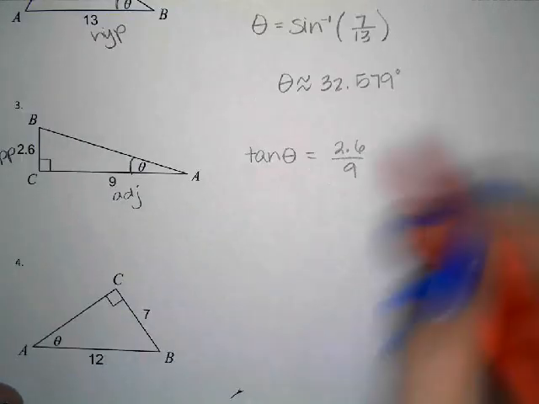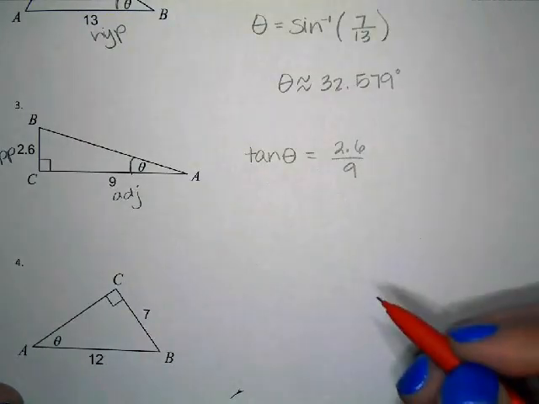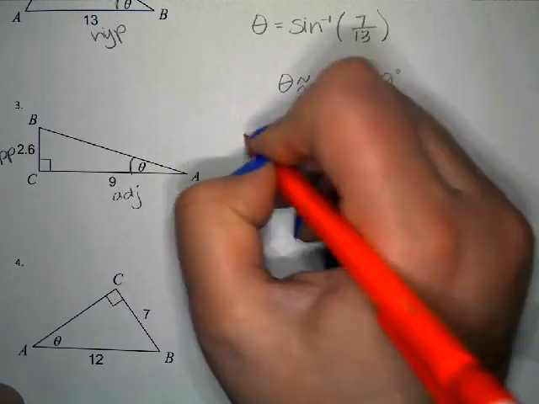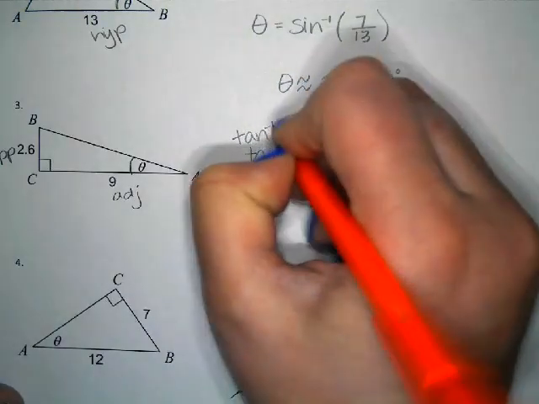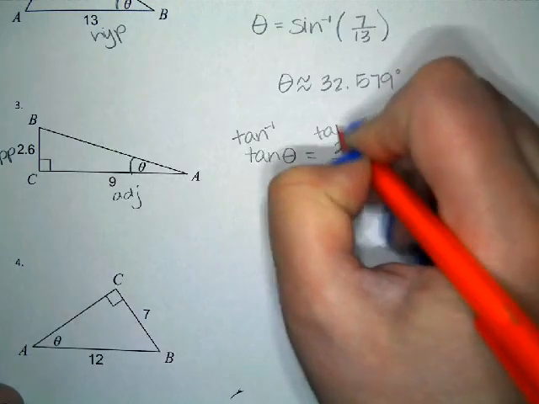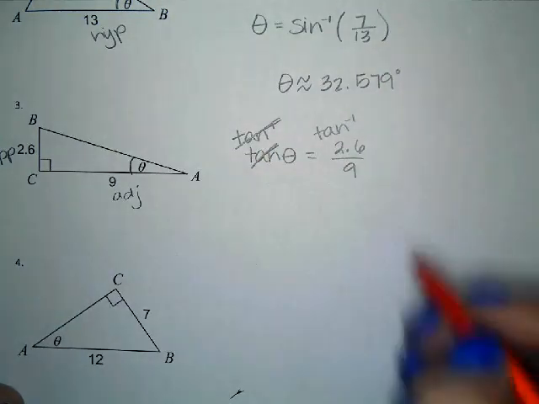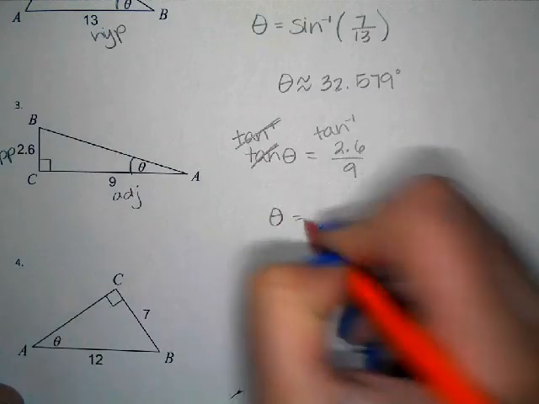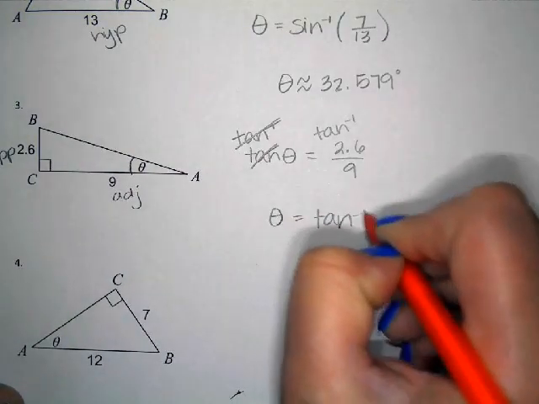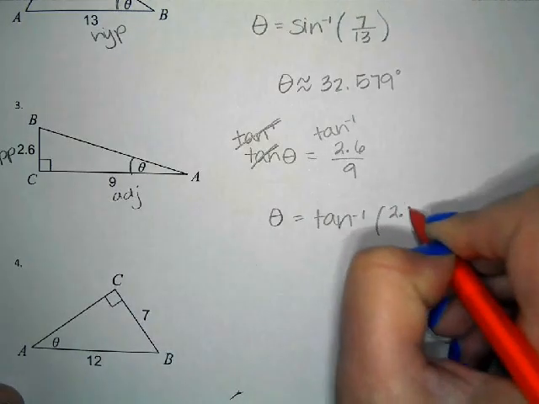And how do I get rid of tan? Tan minus 1. So tan inverse on the left, tan inverse on the right. My tan inverse and my tan cancel each other out. And I get theta is tan inverse of opposite over adjacent.